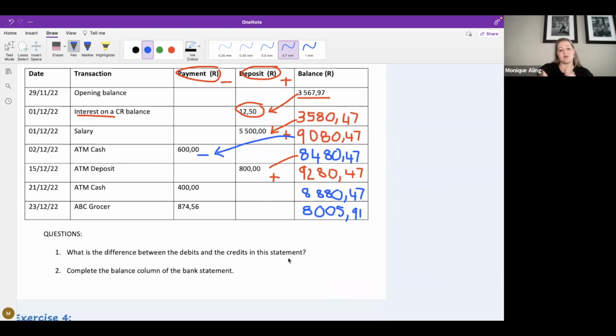Question 1 asked us, what is the difference between the debits and the credits in the statement? Question 2 was complete the balance column. Okay, so we did that part. So how would we answer question 1? What is the difference between the debits and the credits? Which is our debit column?